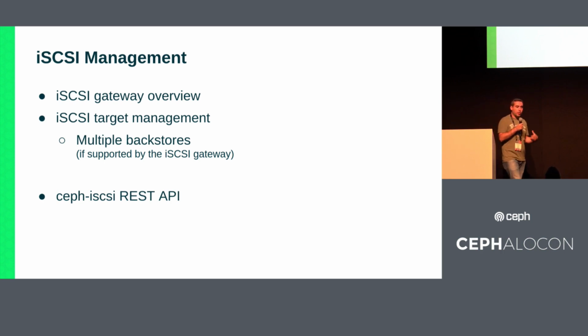The dashboard already supports multiple backstores for the iSCSI target if the iSCSI gateway allows them. The iSCSI gateway tells the dashboard how many backstores are available, and the dashboard is already prepared to show them. And all of this is done using the Ceph iSCSI REST API that is also part of the Ceph project.